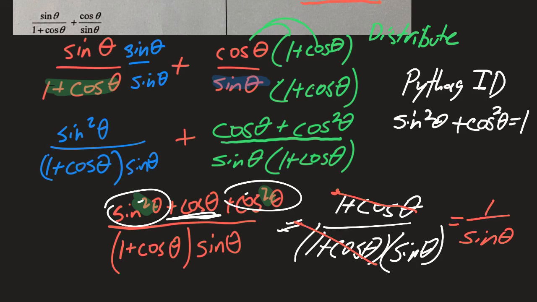There's a reciprocal identity that changes this into cosecant theta. 1 over sine is equal to cosecant. So just remember, when you see that 1 over sine, you know to make it into a cosecant. It's much better to have all our functions on the top of the fraction rather than the bottom, so I'd rather not leave it in that 1 over sine form.